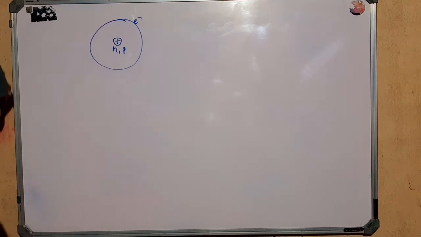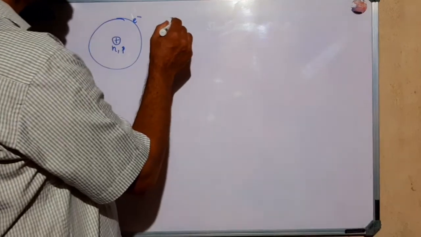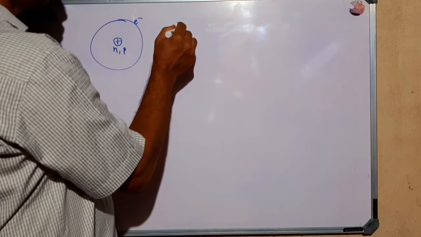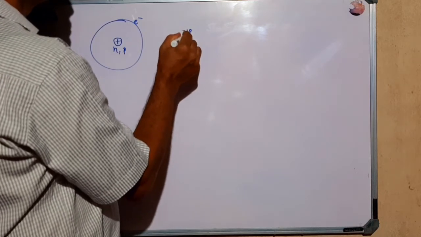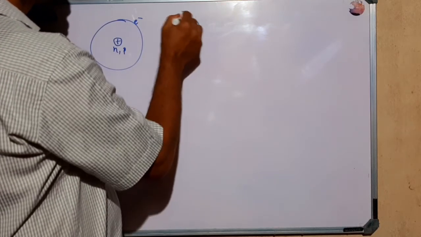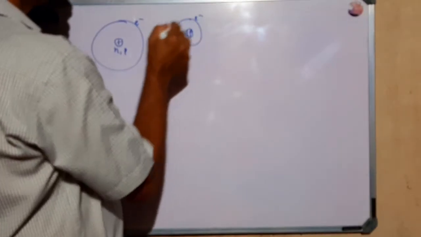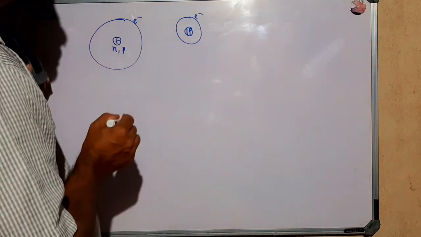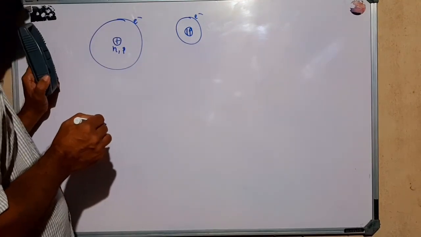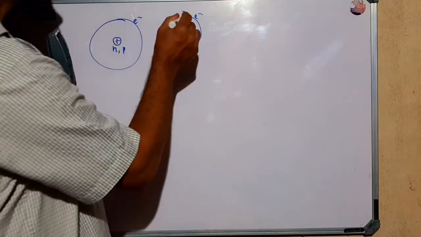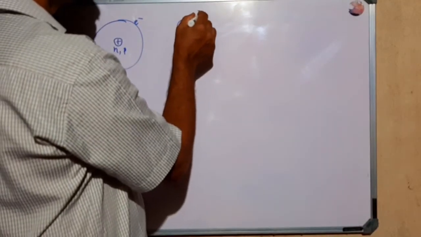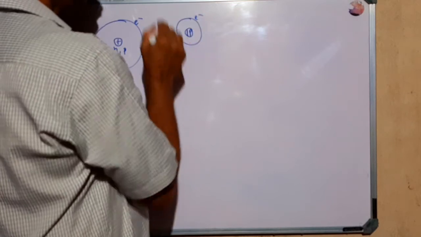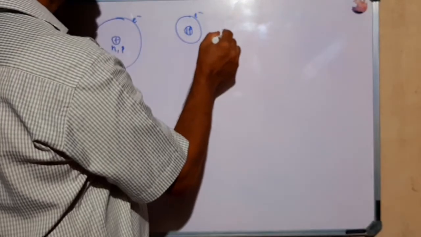So here, if you consider the hydrogen atom, it consists of one proton and one electron. The nucleus consists of only one proton, no neutrons. The electron is revolving around the nucleus. Therefore, if you remove an electron from the hydrogen atom, what does it result in?